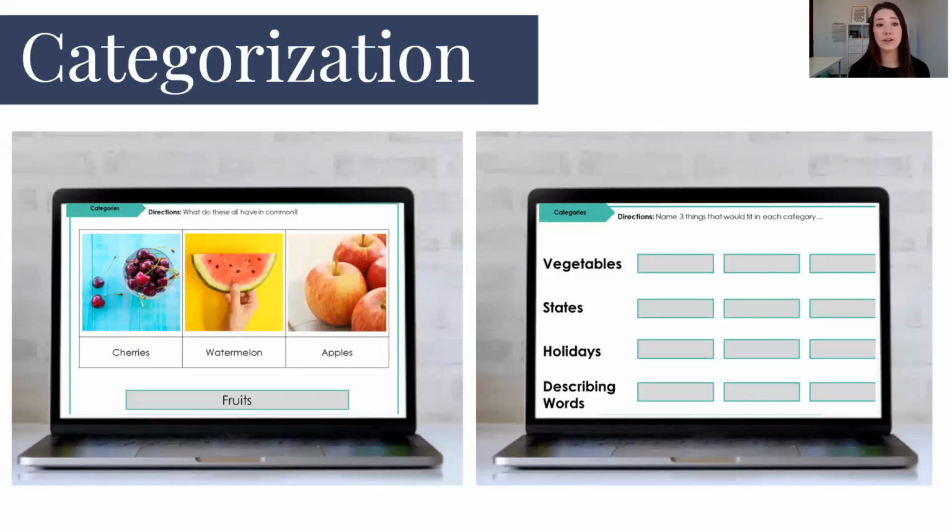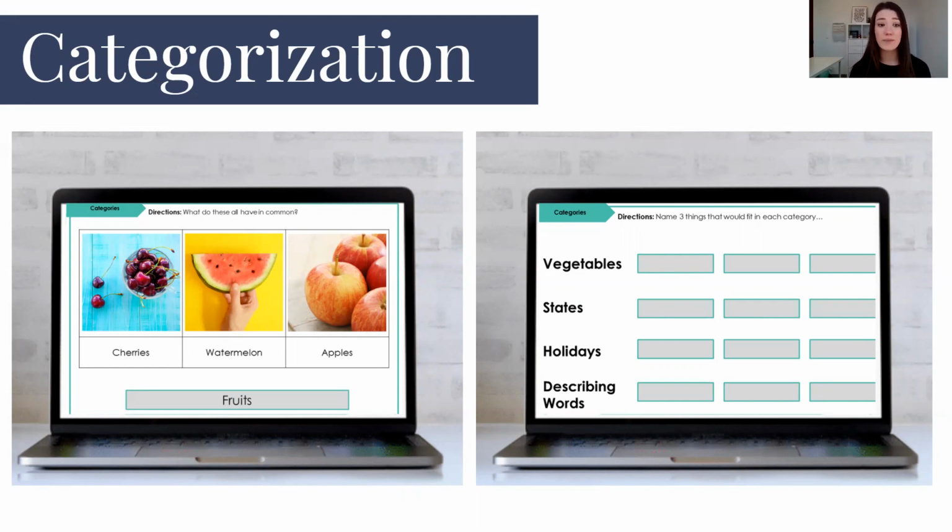The first is categorization. We want students to accurately be able to group words, pictures, ideas, or concepts together. For example, if you look at the picture here on the left, you see that students have the words and pictures cherries, watermelon, and apples. They should be able to then identify that this is a group of fruits, or they all fit into a fruit category.